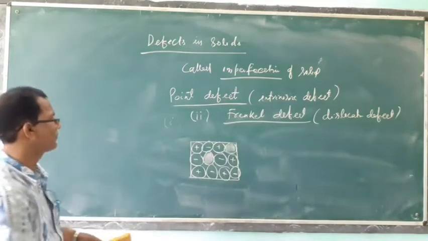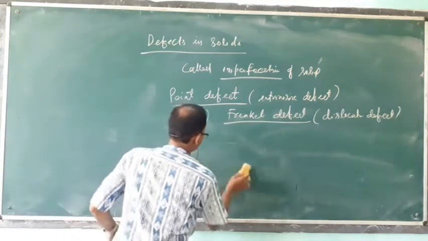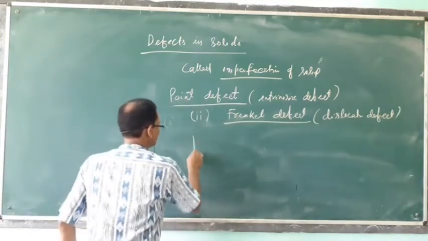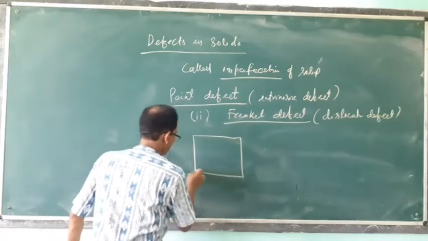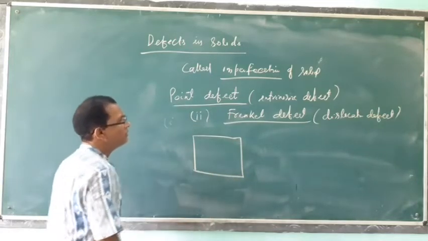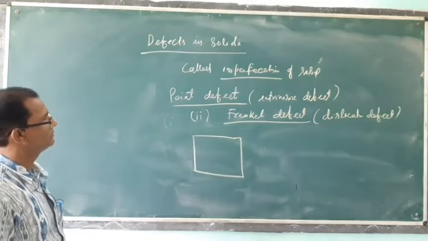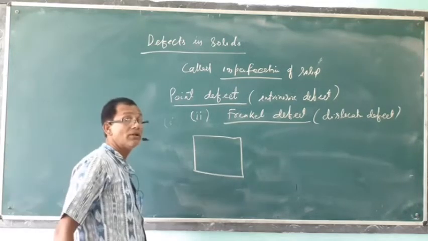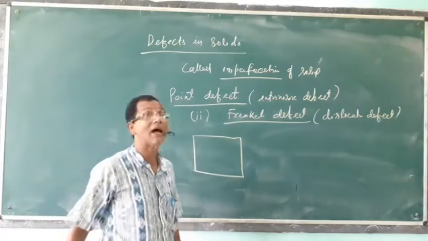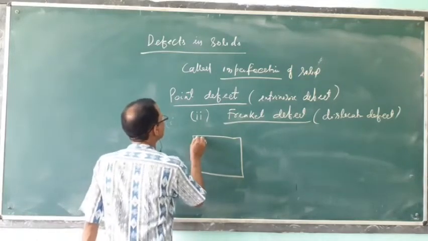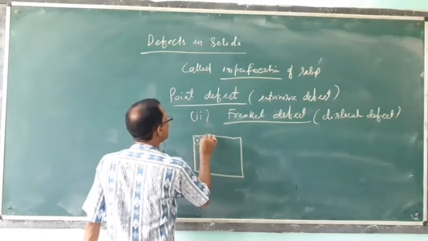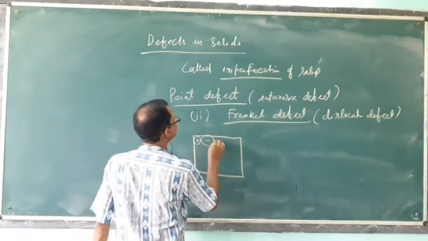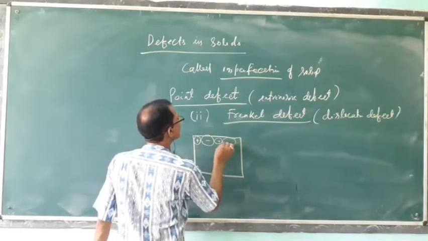Here, it is observed in solids produced by a smaller cation and a larger anion. Cation will be small, anion will be larger.